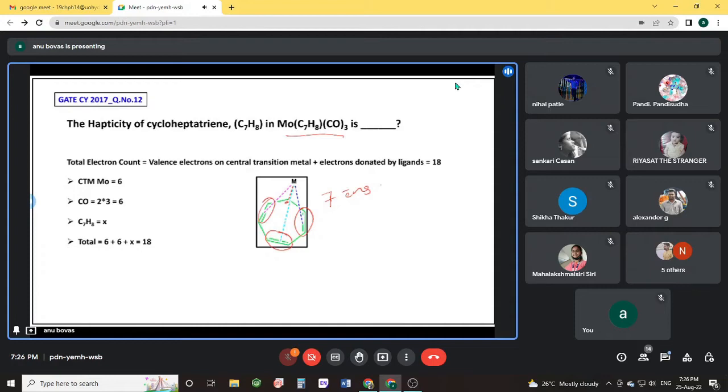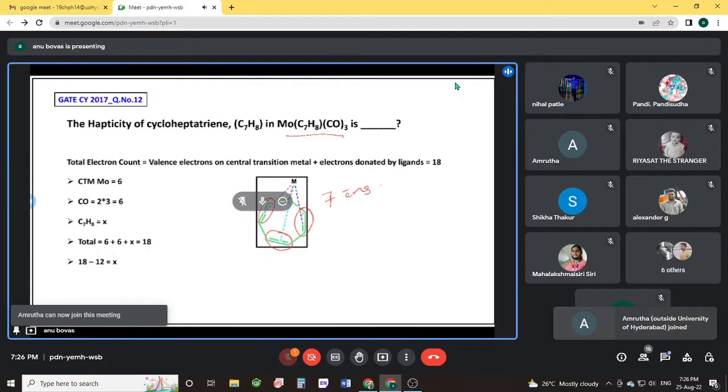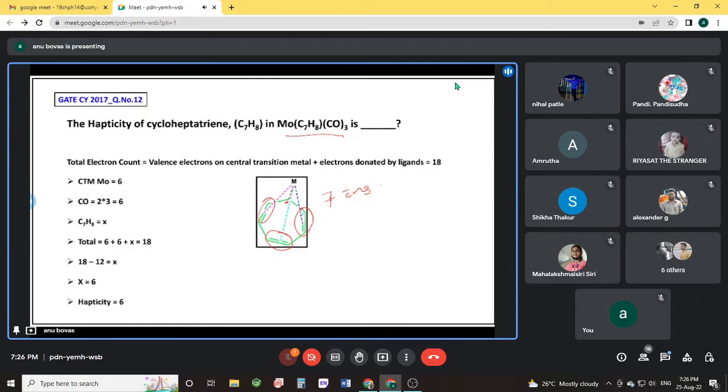That means x equals 18 minus 12, that equals 6. That means the hapticity equals 6. Is it clear? If it is clear, then I will move on to the next question, or if any doubt is there, you can ask.